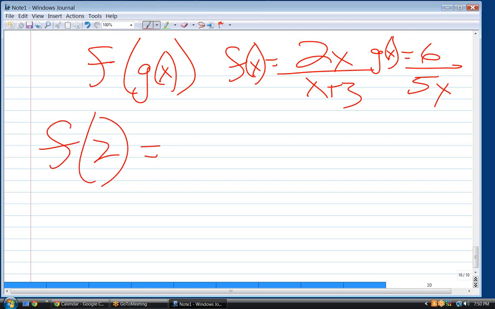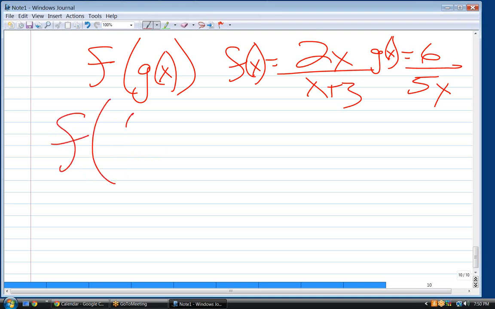Plug in 2 for x. So if I say f of g of x, I'm asking you what is f of 6 over 5x, right? So how would you do that? Plug that in.